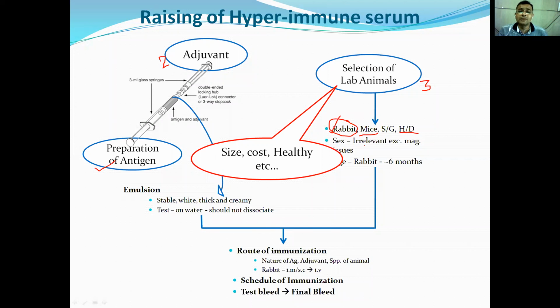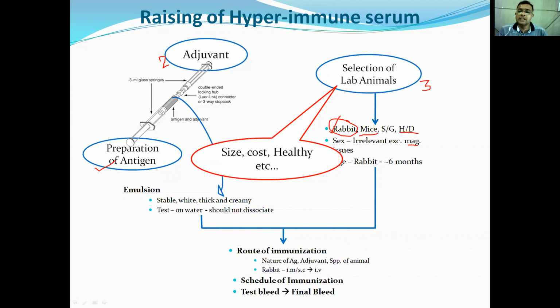Sex generally does not interfere, but there are some exceptions. Some studies show that females give a better immune response, or selection of sex is important because it interferes in the management aspect. We have to be cautious whether we keep them in one cage or in different cages. Based on our caging system and management, we can select the specific sex of the animal.